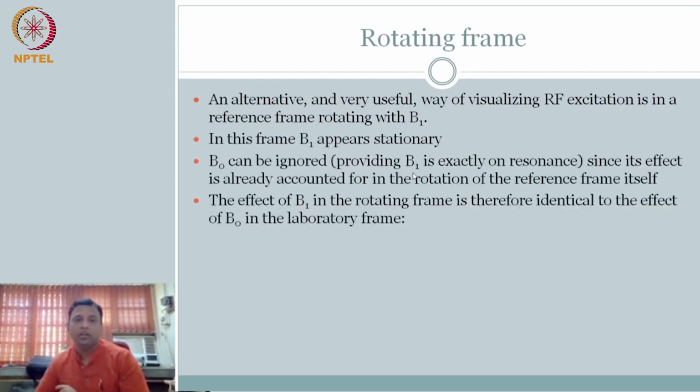So in this frame, B1 appears stationary. B0 can be ignored because B1 is already at the same Larmor frequency, so that effect is not an issue. The effect of B1 is therefore identical to the effect of whatever we covered right now.